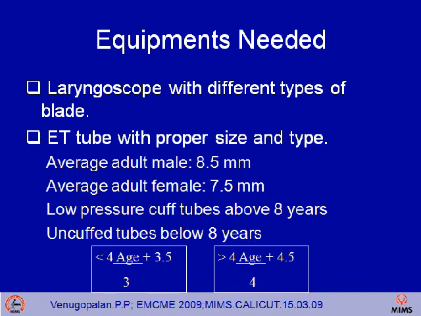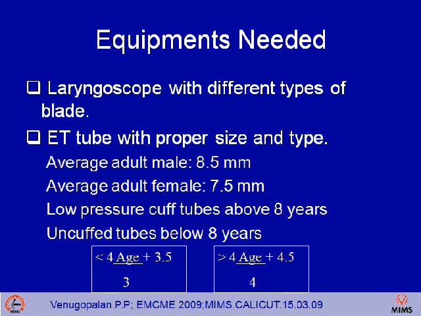You need equipment for intubation. You need a laryngoscope with different types of blades. You should have endotracheal tubes of different types and different sizes. For an average adult male, an 8.5 is okay. For an adult female, 7.5 is appropriate.